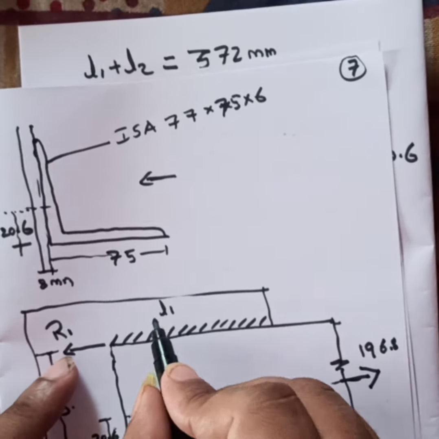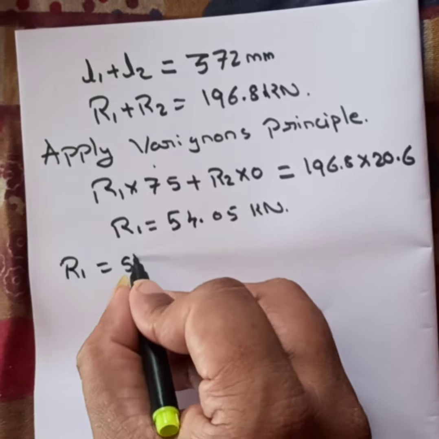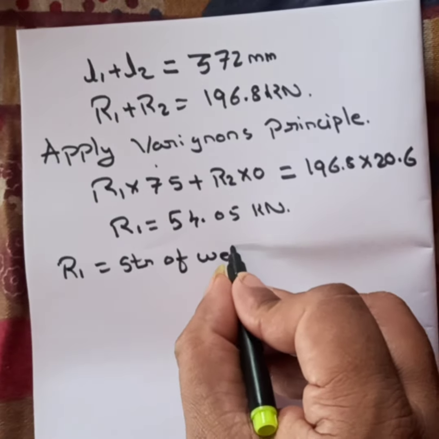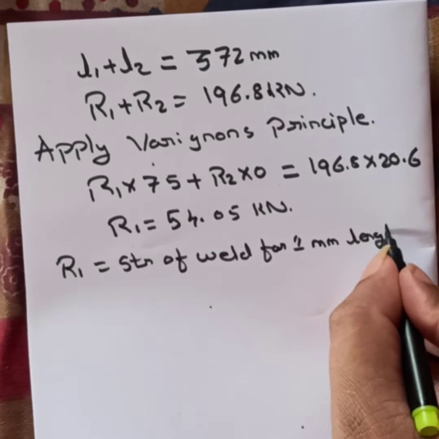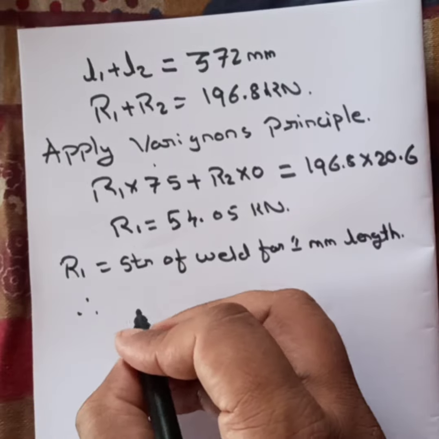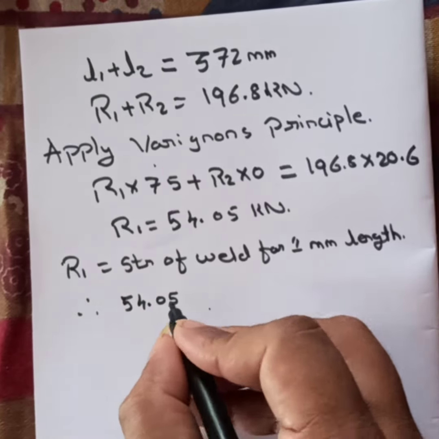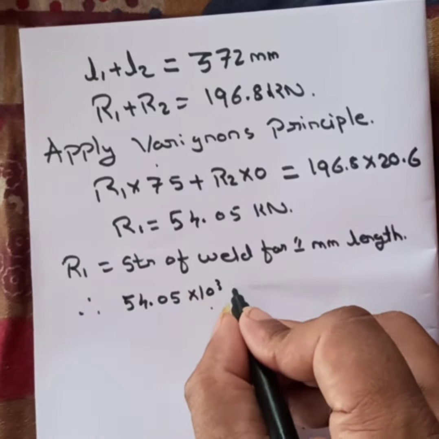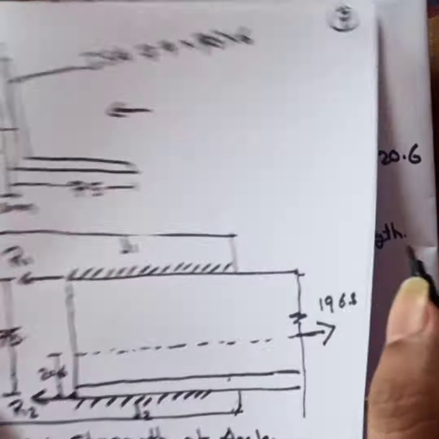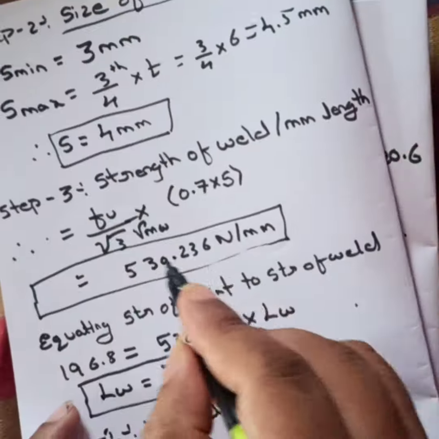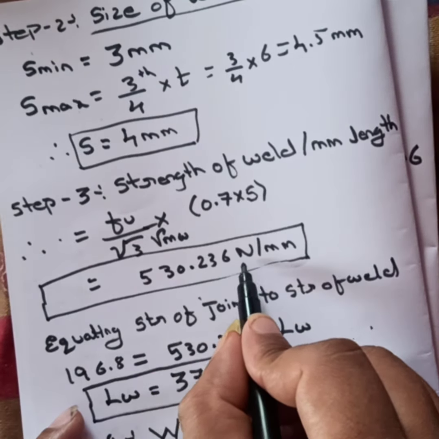We need to find L1. R1 is 54.05 kilonewton, that is 54.05 into 10 raised to 3 Newton. Remember, we have calculated the strength of the weld per mm length, that is 530.236 Newton per mm.